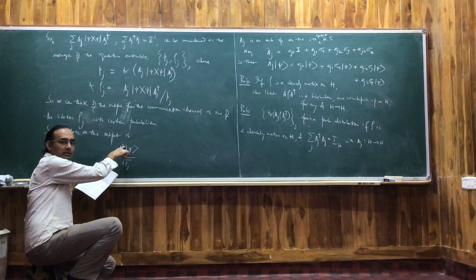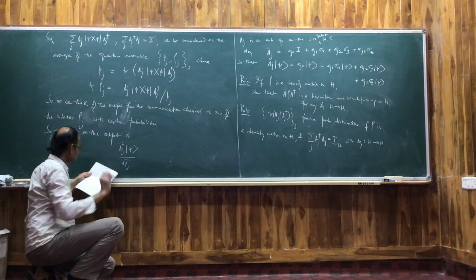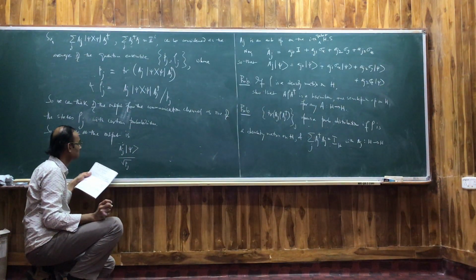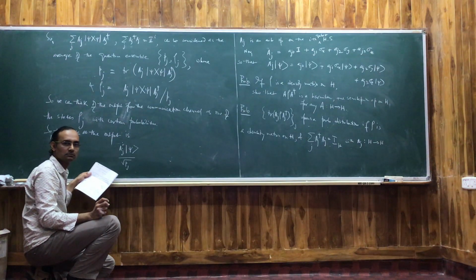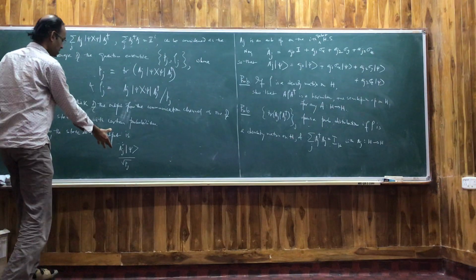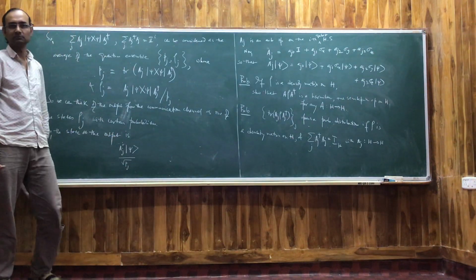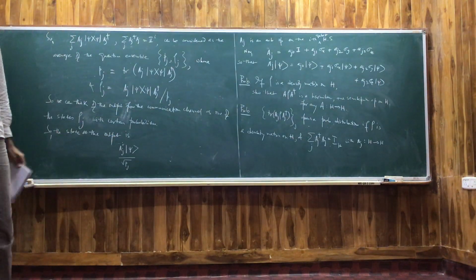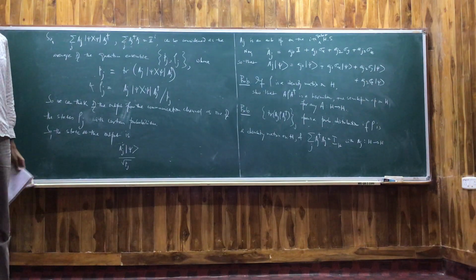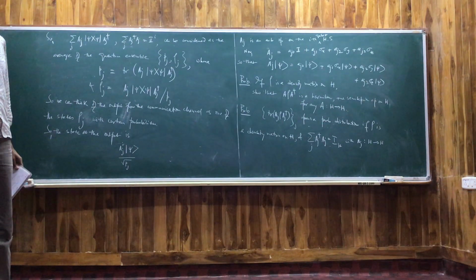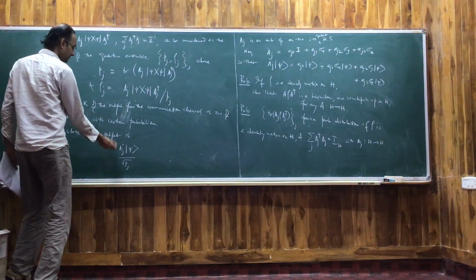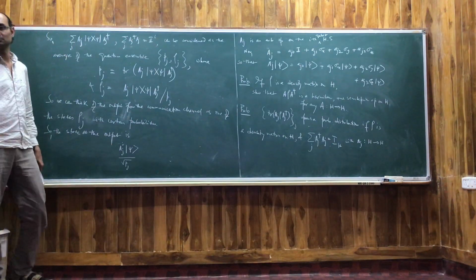Now I'm writing the i to be careful. It's clear? This is the rho j. Rho j is the projector of this. But when rho j is a pure state, I'm writing it as a pure state. I'm ignoring the phase, it will anyway vanish.